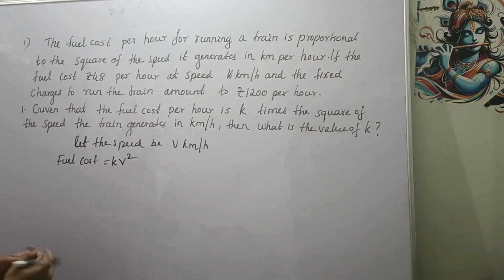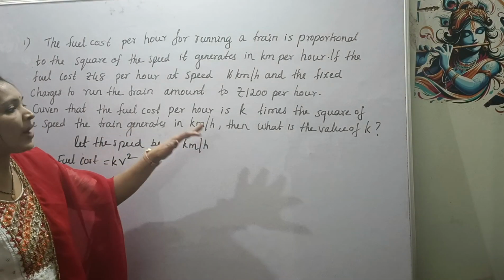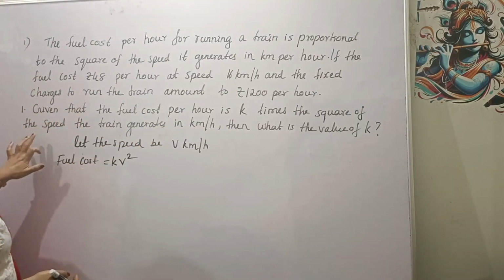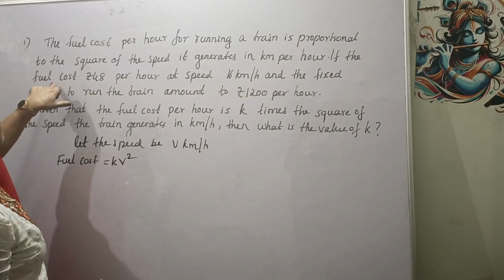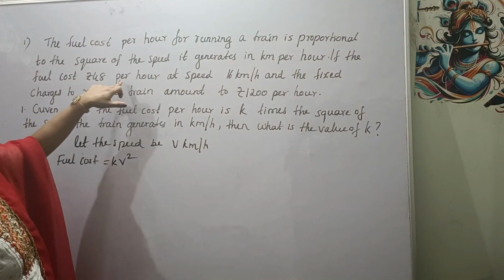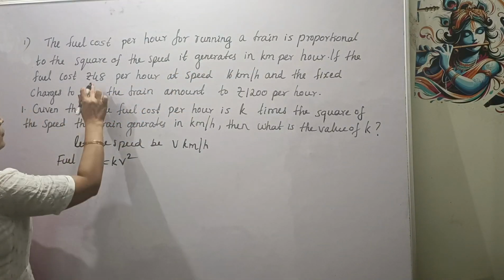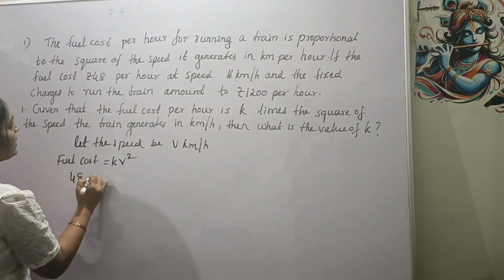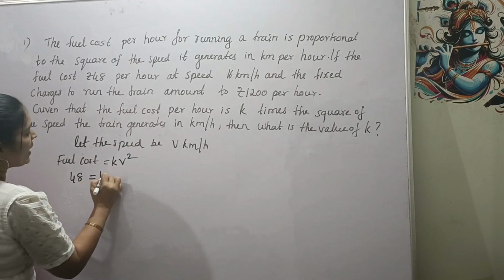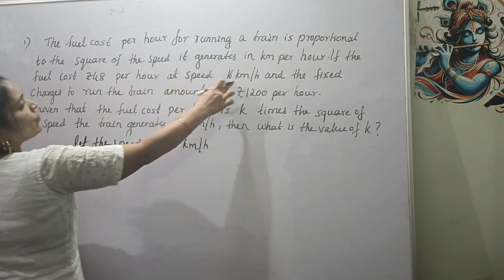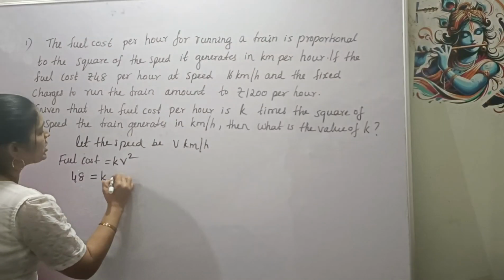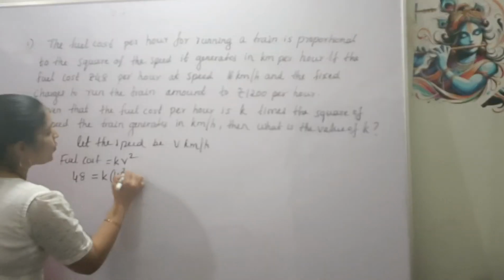Now we have to find the value of k. Here it is given that the fuel cost is rupees 48 per hour at speed 16 kilometer per hour. That is, 48 is equal to k into 16 square.